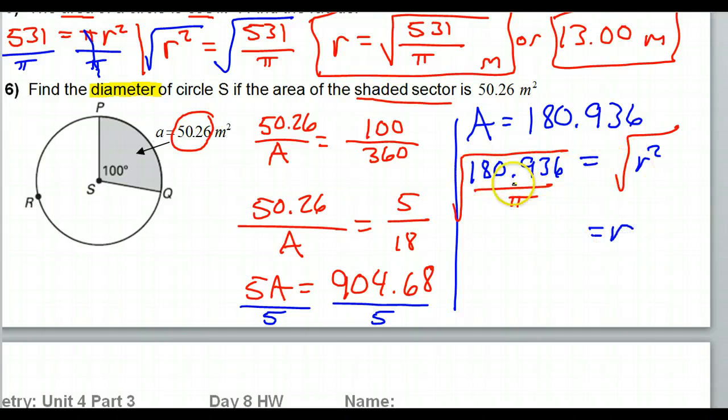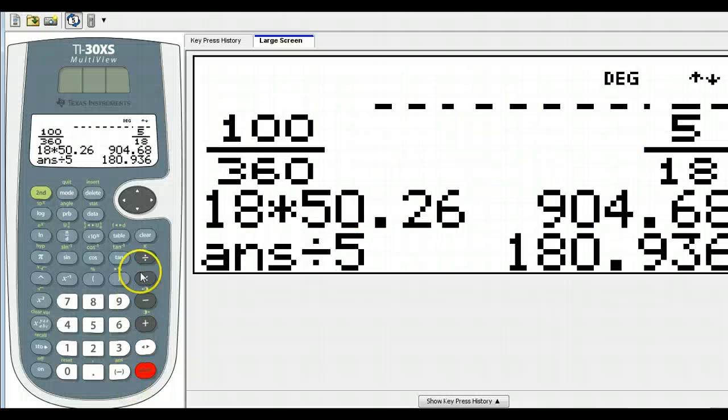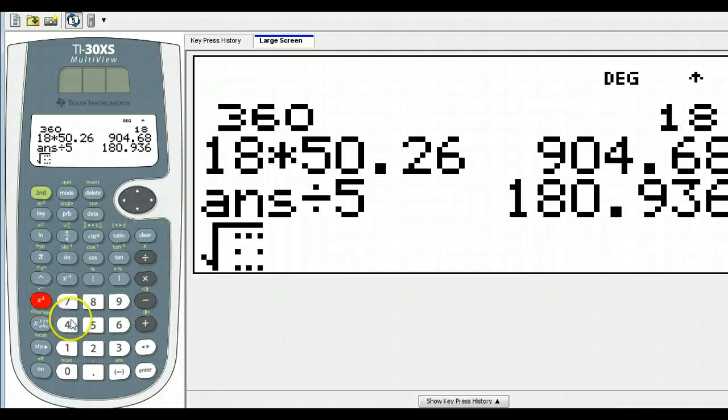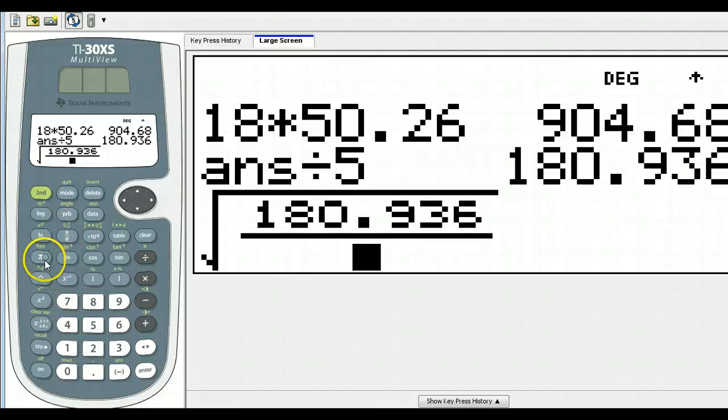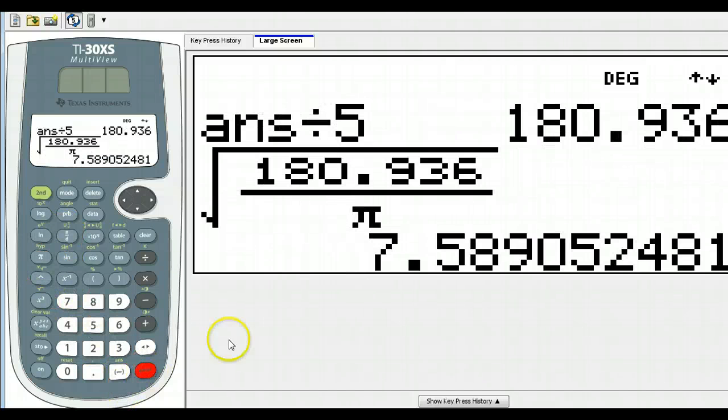Let's take the square root of all of that. Square root of 180.936 over pi, that gives me 7.58 blah blah blah.